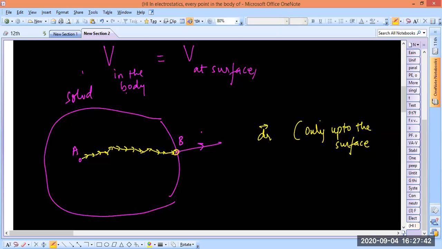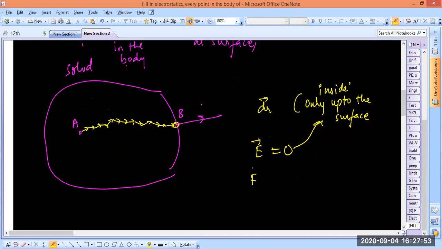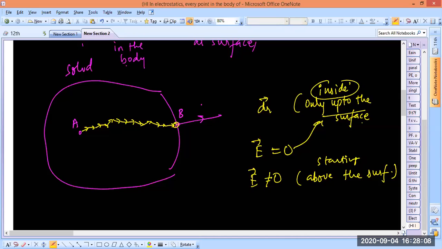But the electric field is 0 everywhere for such cases, only above the surface, that is starting from the surface and going forward. Only at this point is the electric field not 0. Because we are coming from the inside and only going up to the surface, E vector dot dr vector will always be 0.